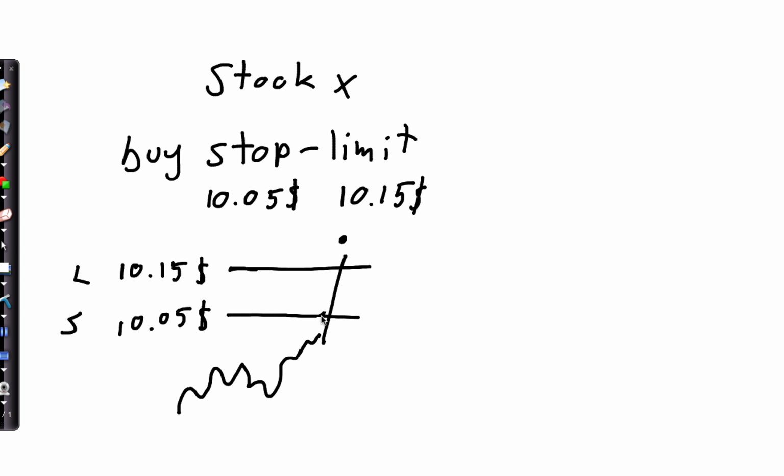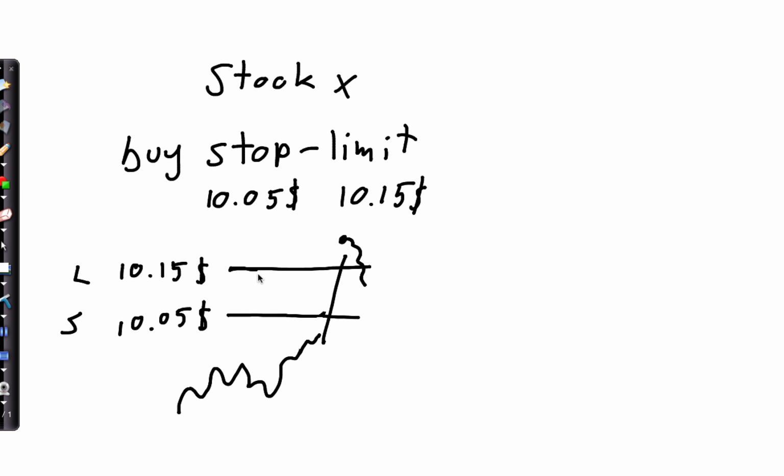The stop price is activated, the trigger is activated because we are above 10.05, but we are not going to buy because we are already above the limit price. We are only going to buy in this situation if the price is coming down and going below the limit. So if this happens, then we are going to buy.